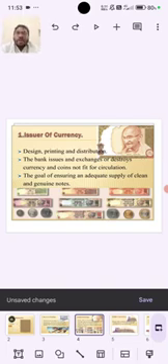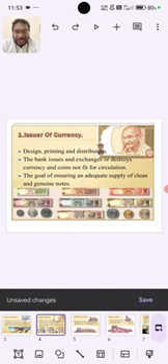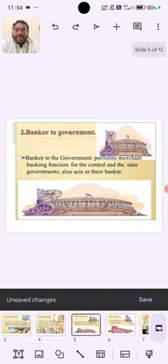Only genuine and clean notes should circulate. It is the main goal of the RBI. Damaged, false or fake notes should be recovered by the RBI and taken under custody.